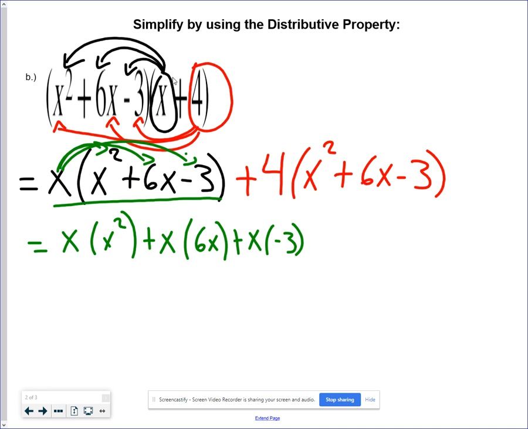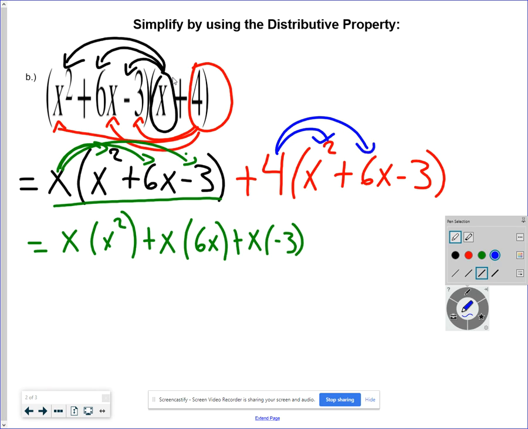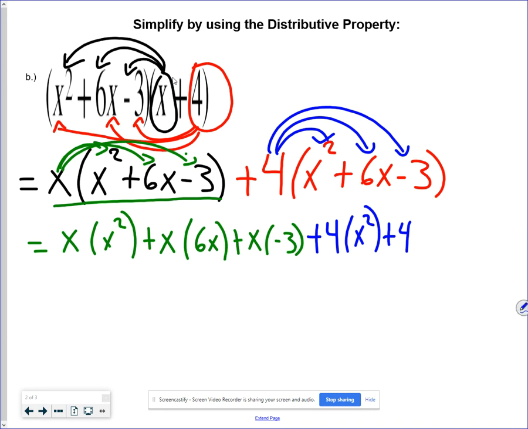And now we'll do our 4 throughout the expression. So we'll have plus 4 times x squared plus 4 times 6x plus 4 times negative 3. And now we'll just simplify like we did in the previous problem.